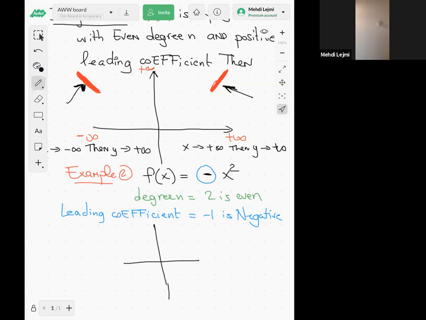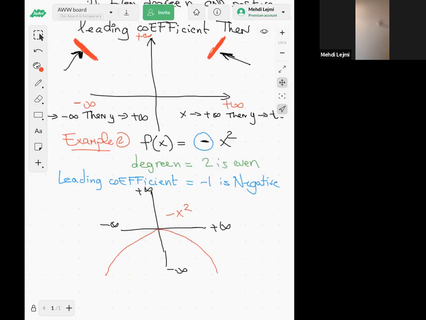So we have positive infinity, negative infinity, positive, and then negative. The graph of negative x squared is going to open downward, because a is -1, so it's going to look like this. This is my negative x squared. But anyway, we are interested in the behavior at infinity.